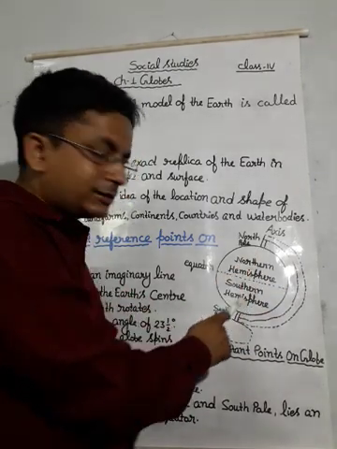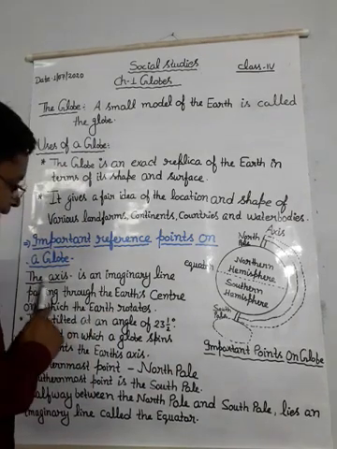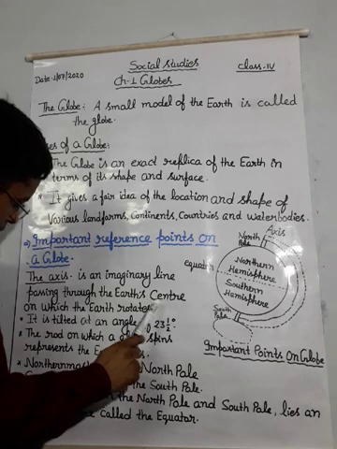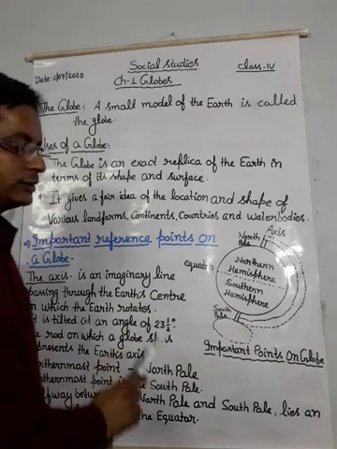What is the axis? The axis is an imaginary line passing through the earth's center on which the earth rotates.